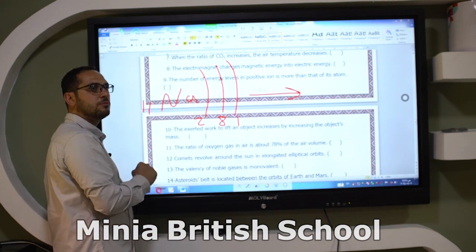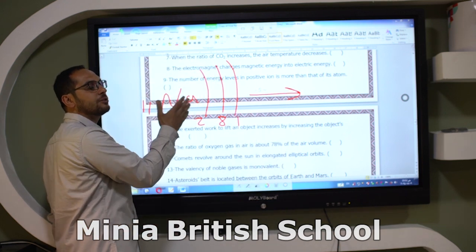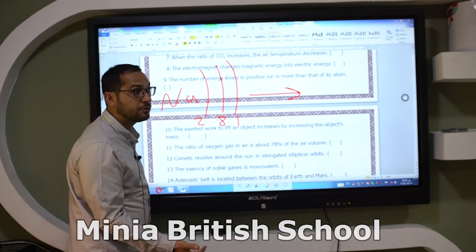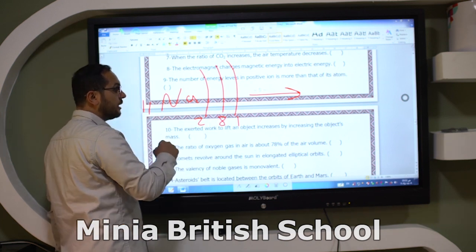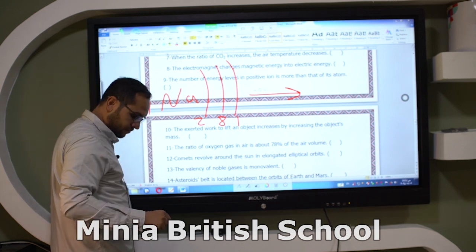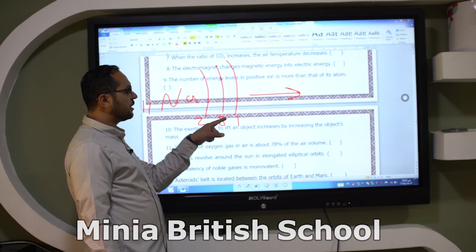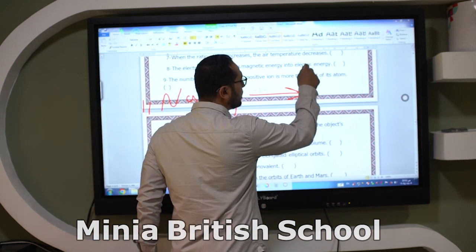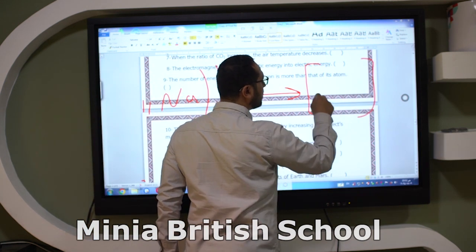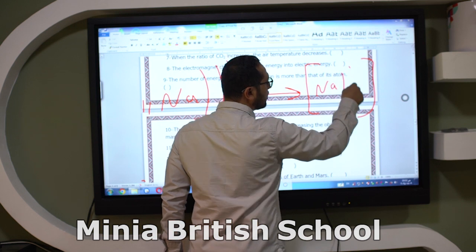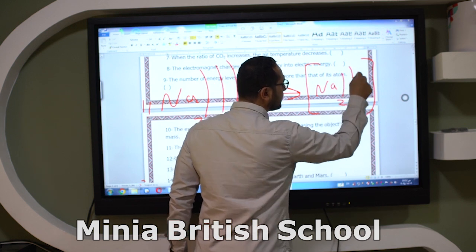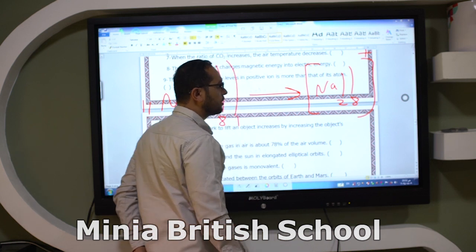This is a neutral atom. Why neutral? Because the number of electrons equals the number of protons. When sodium loses its electron, it changes into a positive ion, Na, 2, 8, and carries one positive charge.